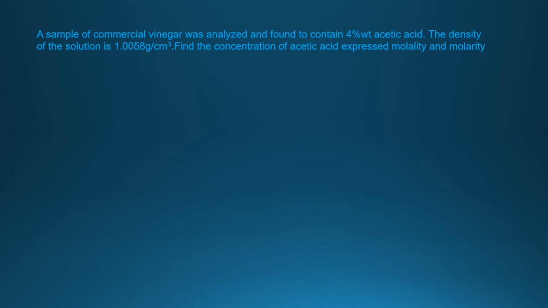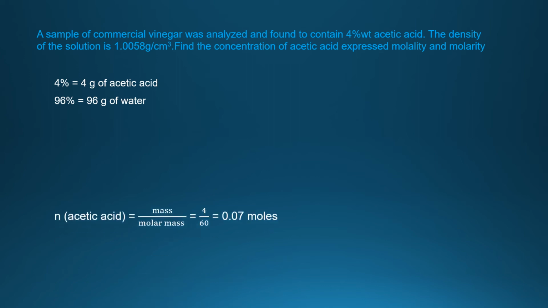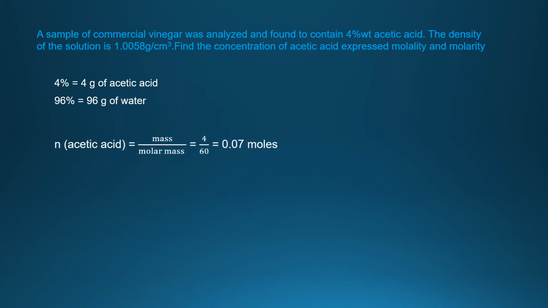So the assumption we are making here is that percent will be equal to grams. So 4% of acetic acid will be 4 grams of acetic acid, while 96% will be 96 grams of water. When we want to find the molality, we first have to find the moles of acetic acid, where the mass, which is 4, is divided by the molar mass.